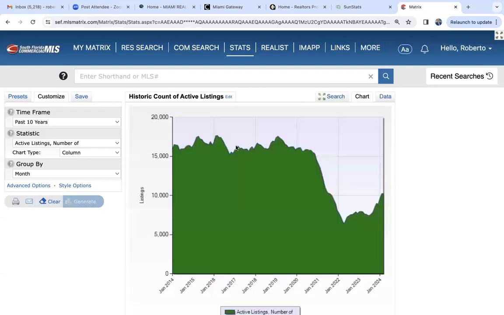very shortly. So when it comes to condos, we were above 15,000 available units. And once again, during the pandemic, you guys all know everyone moved to Florida, everyone moved to South Florida. Our inventory went down drastically, and it's been climbing ever since 2022.